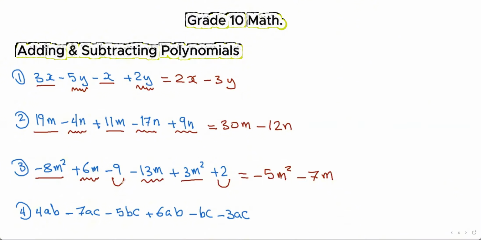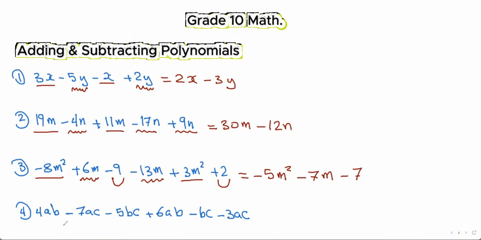And then I have the -9, jump over, -9 plus 2 is -7. I think some students sometimes get confused. They go -9 and they look at the sign here, minus, they think it's -2. No, you don't. This sign belongs to the 13m. So because these are like terms, I go -9, jump to there, and then plus 2. -9 plus 2, and that gives me -7.